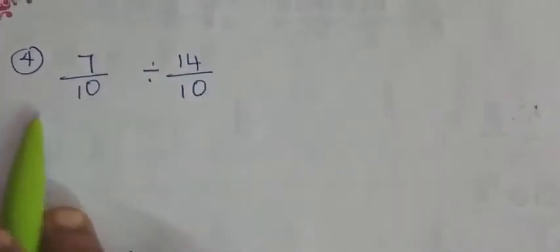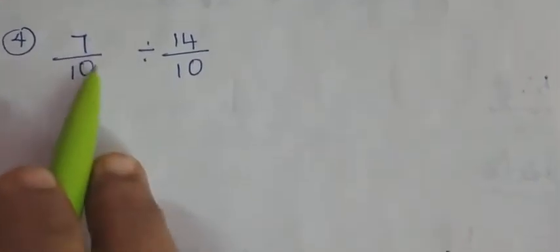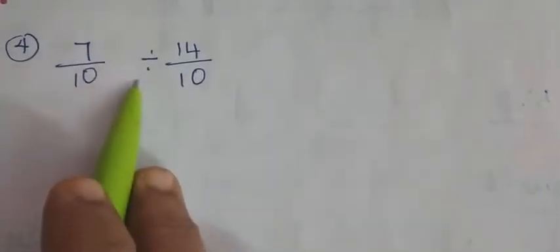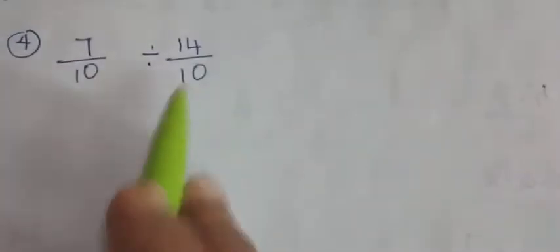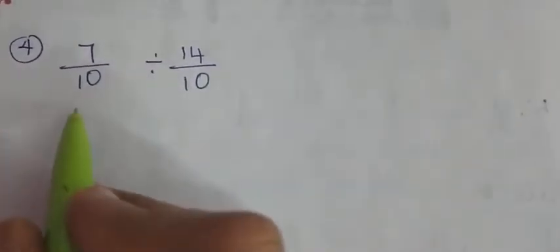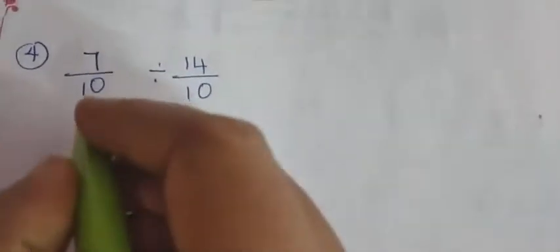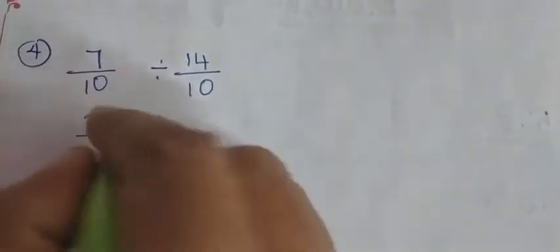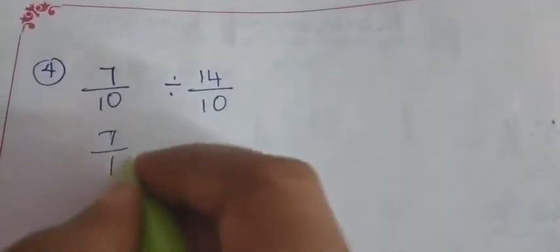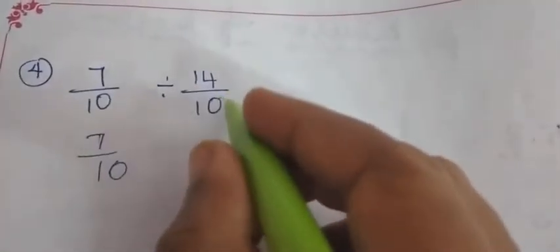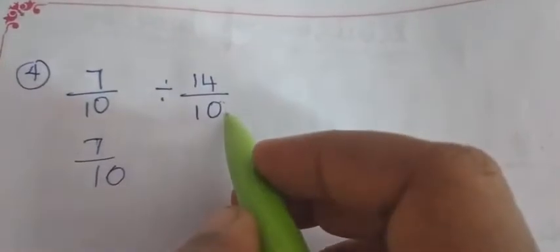The next sum, fourth one, 7 by 10 is divided by 14 by 10. Got it? This we are just dividing, simple division. Now write it 7 by 10, and then this number, what we have to do?